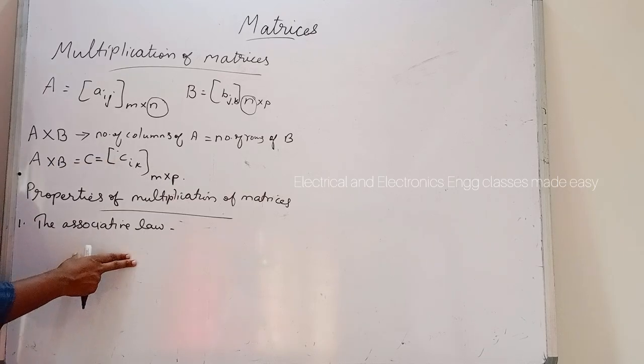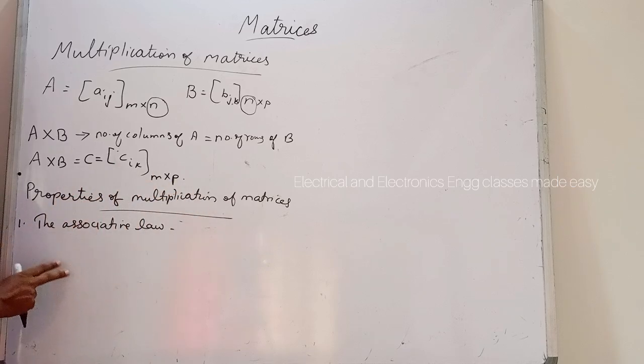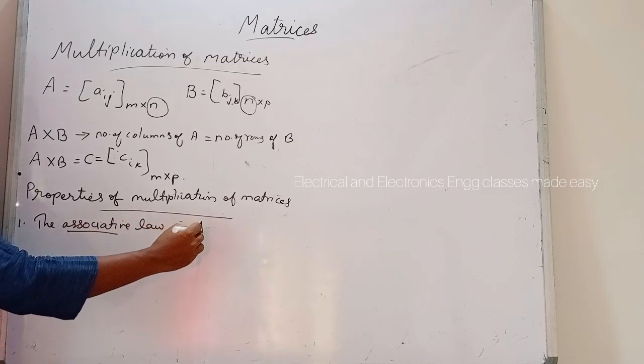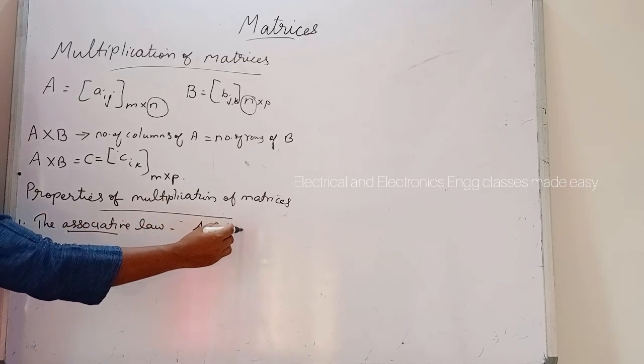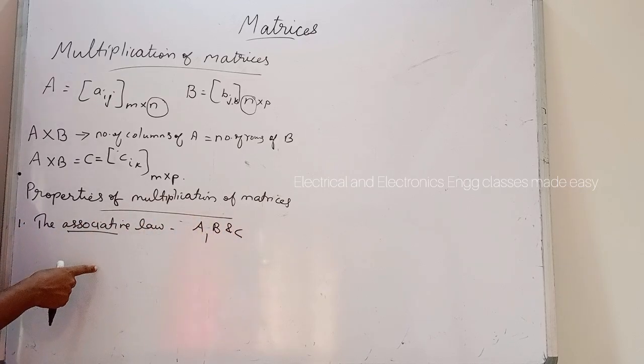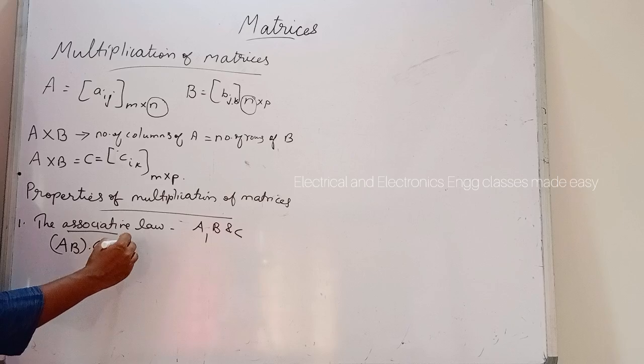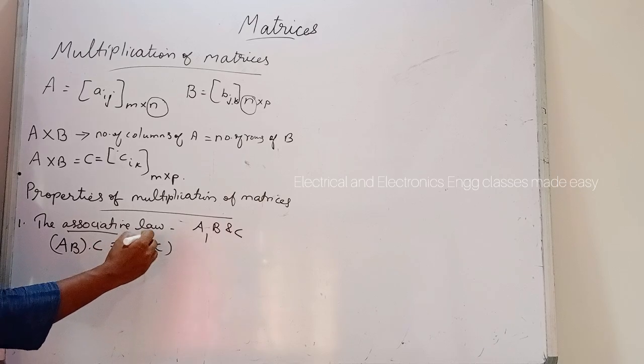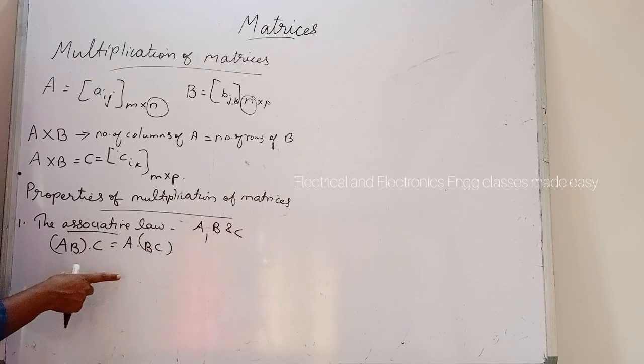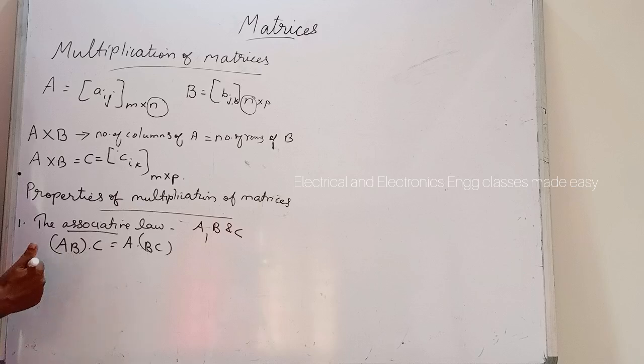Next is properties of multiplication of the matrices. So first one is the associative law. That is, consider three matrices A, B and C. So the associative law is (AB) into C is equal to A into (BC). Then second one is distributive law.